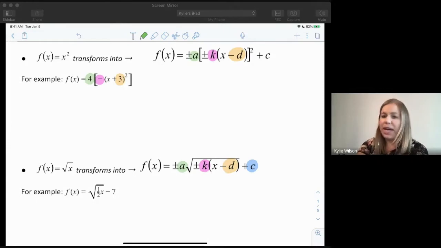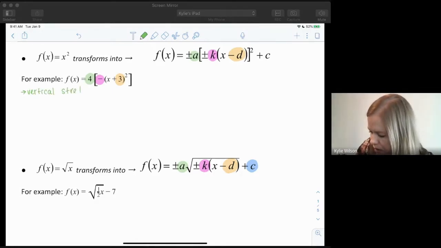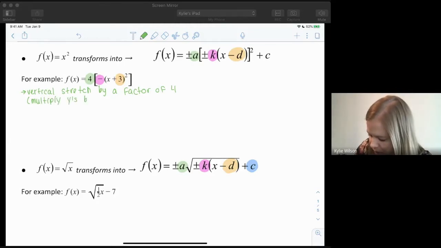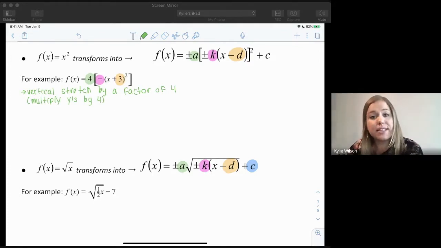Because we have an A value of 4, that means we have a vertical stretch by a factor of 4. And what that means is that we would multiply y's by 4. Now, because our A value is positive, we don't have to worry about any reflections over the x-axis. It's just a stretch.